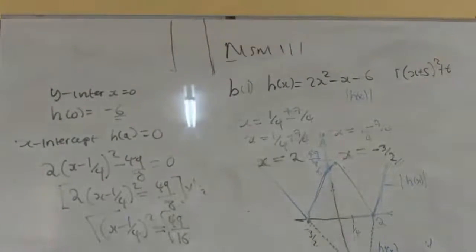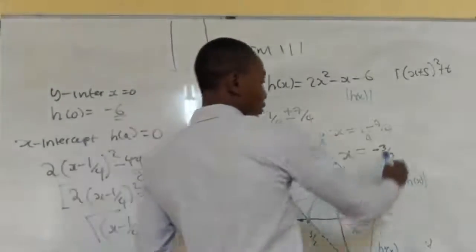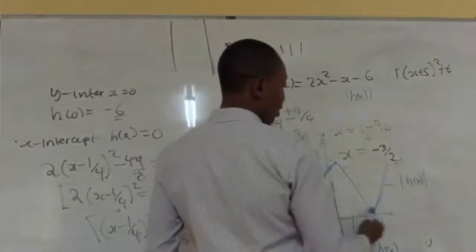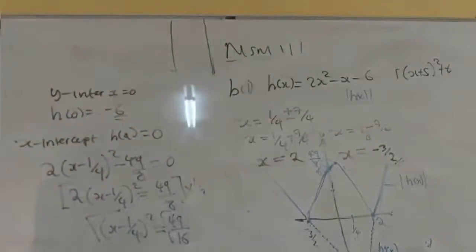It cuts the y-axis at 6, then turns at 49/8 and goes back down. Then it reflects. Because of the absolute value, it always reflects at the x-intercepts. That is that. Let's go to the next question.